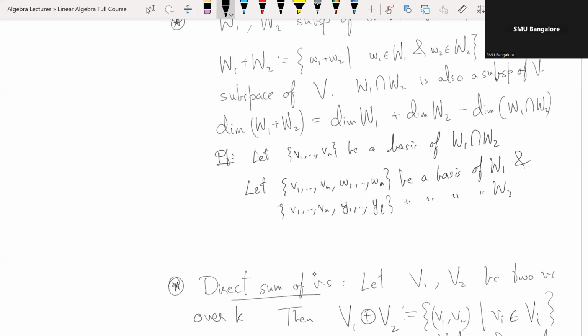So this basis we can extend both sides and get a basis of W1 and W2.